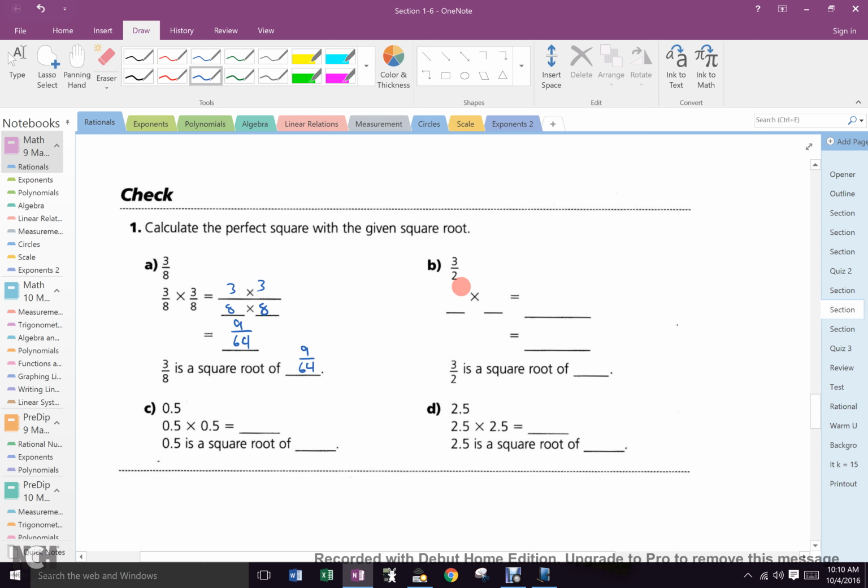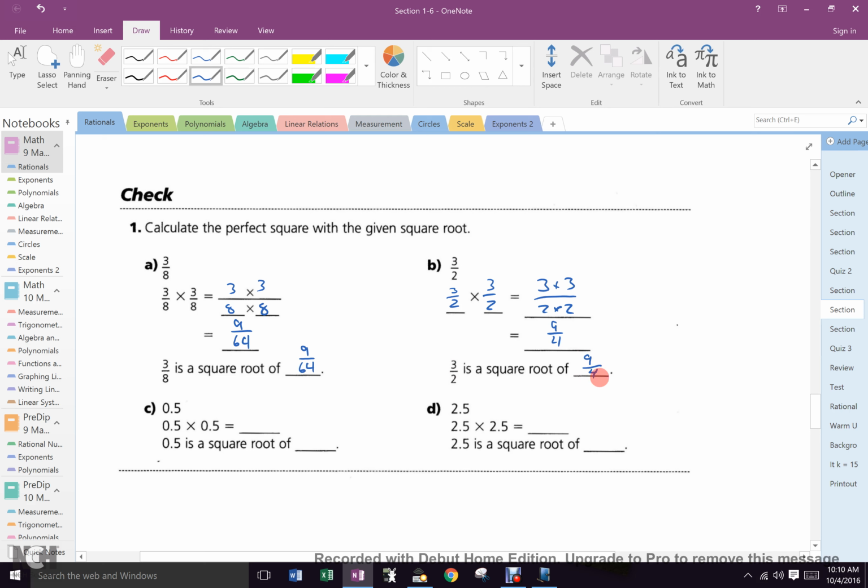What about this one? Three halves times 3 halves, which is 3 times 3 over 2 times 2, which is 9/4. So 3 halves is the square root of 9/4.